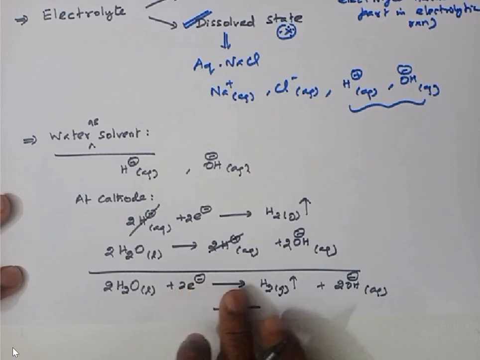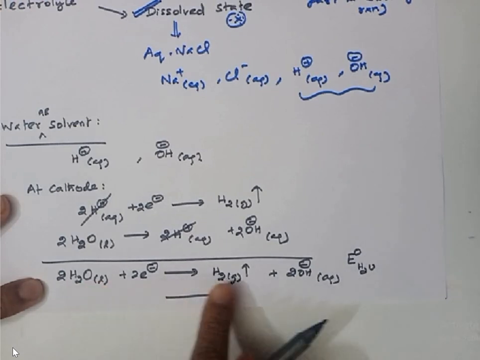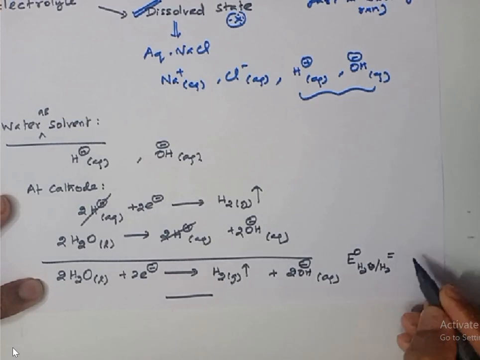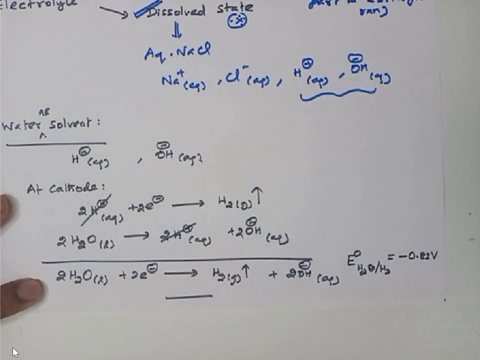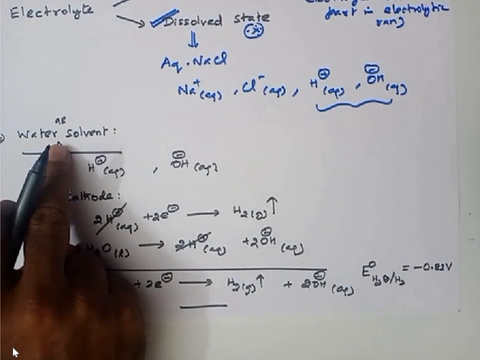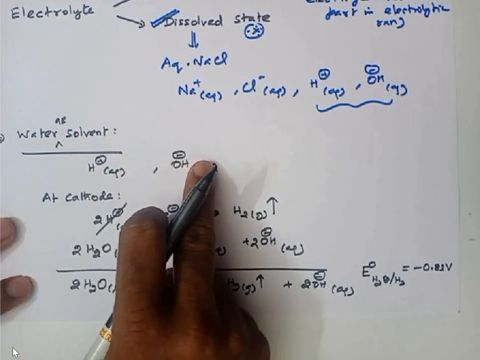For this reduction reaction, the reduction potential for H2O becoming H2 is minus 0.83 volt. This is the reduction potential for water. So whenever you take water as solvent, water undergoes self-ionization, producing H plus and OH minus.